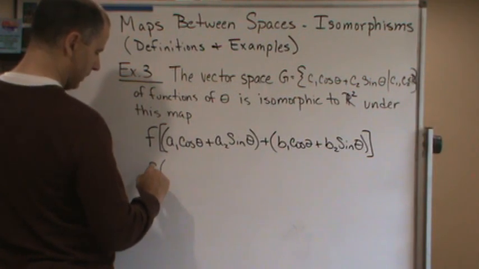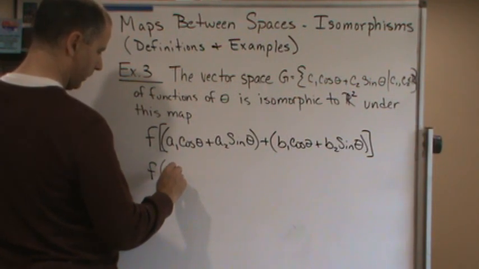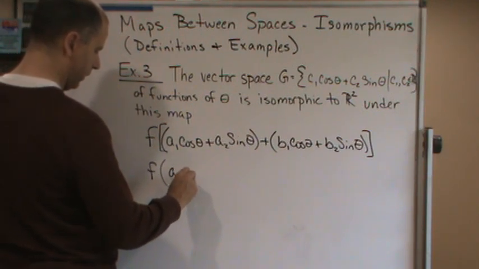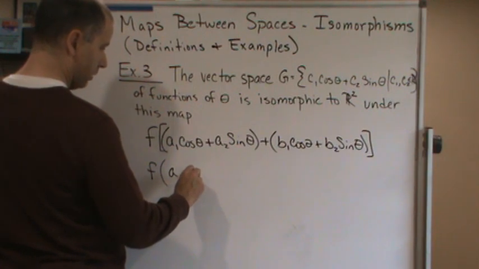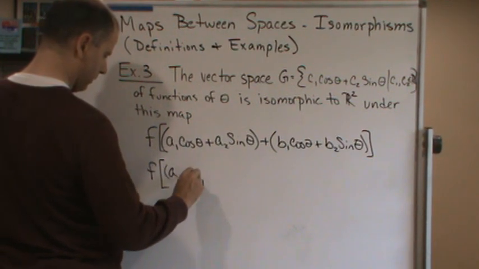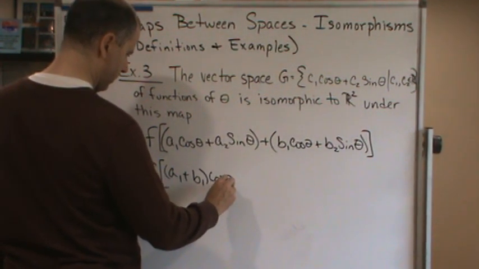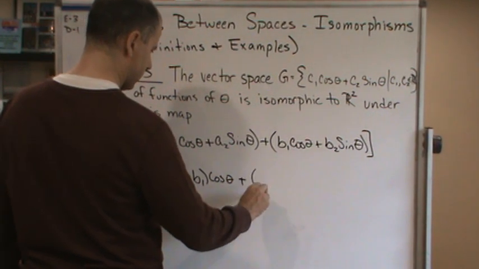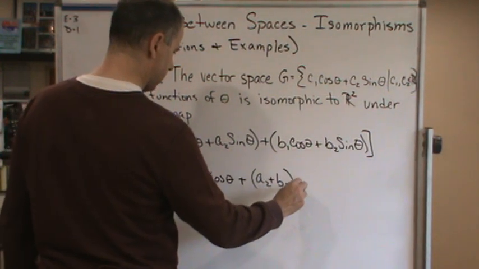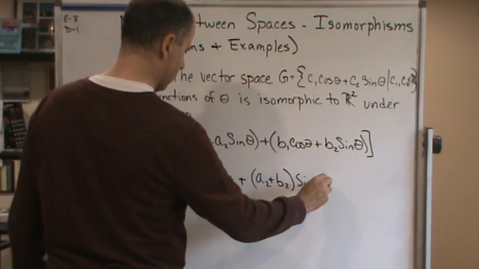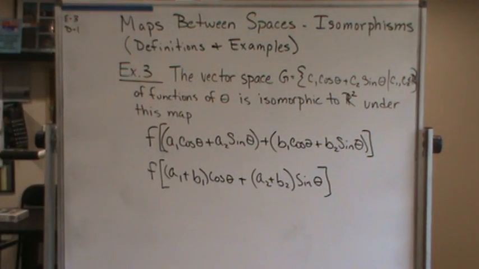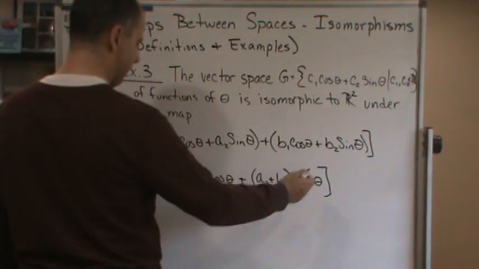And so I'm going to make this into A1 plus B1 cosine theta plus A2 plus B2 times sine theta.